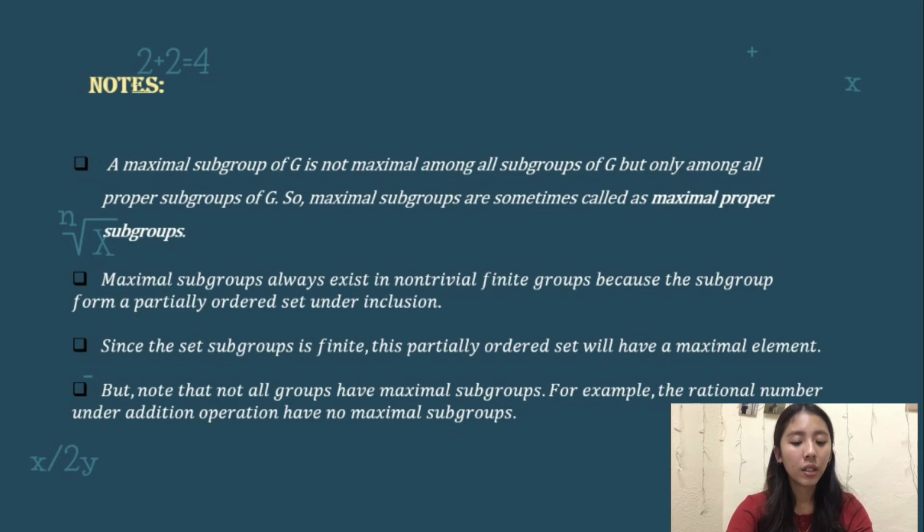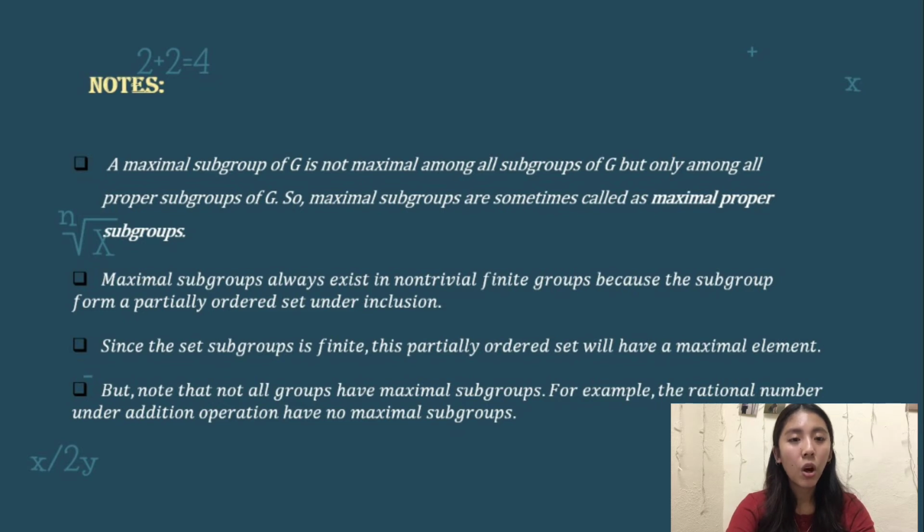So the definition of maximal subgroup indeed fits its name, because it is maximal with respect to proper subgroups. There is no larger proper subgroup than it, by which I mean one that properly contains the maximal subgroup M. A little note here: a maximal subgroup of G is not maximal among all subgroups of G, but only among all proper subgroups of G. So maximal subgroups are sometimes called maximal proper subgroups.